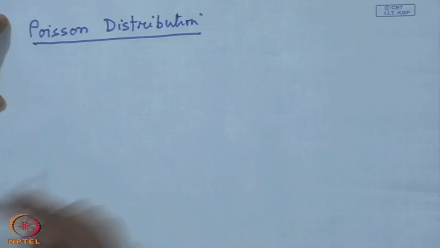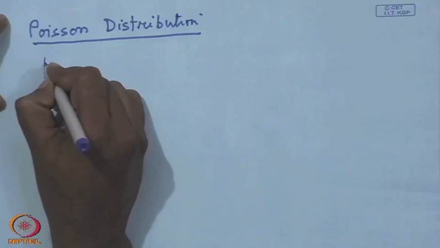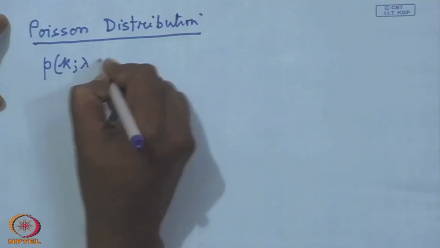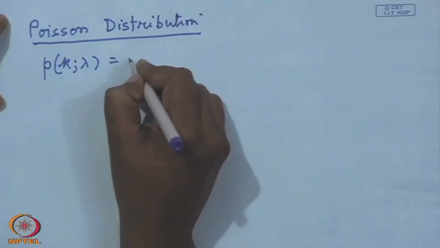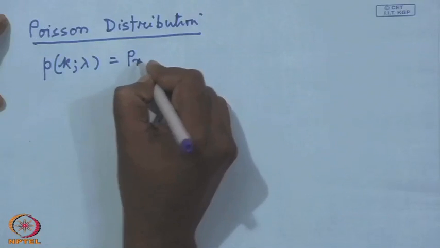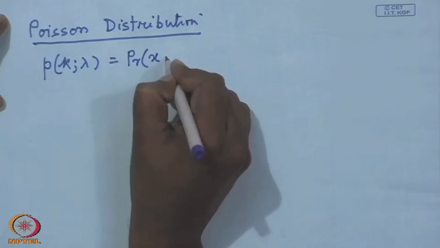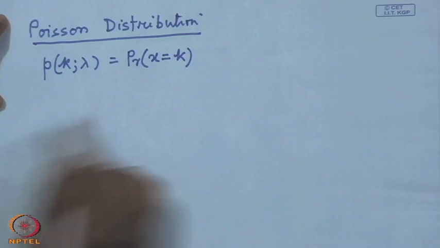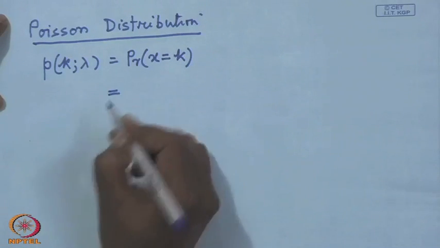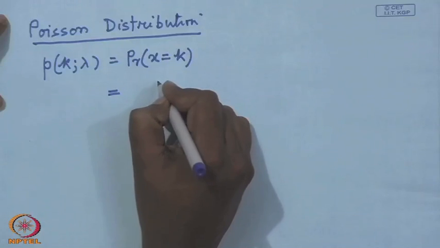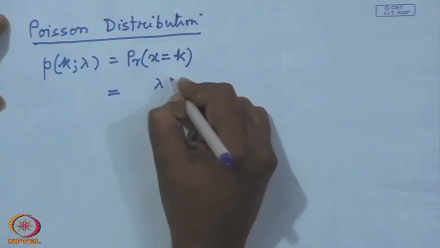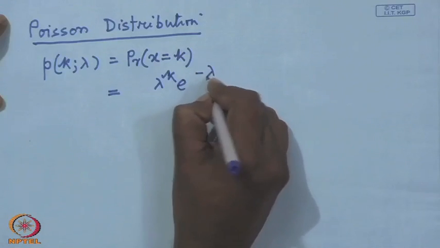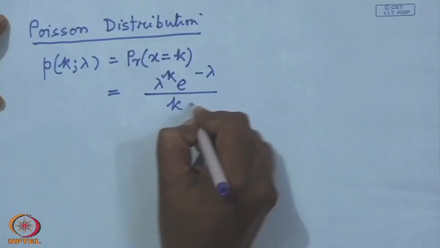The analytic form of the Poisson distribution is P of k given lambda, which represents the probability that the variable x takes a value equal to k. And the analytical expression for this is simply lambda to the power k e to the power minus lambda upon k factorial.